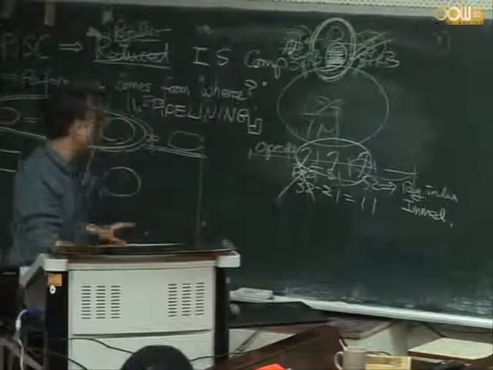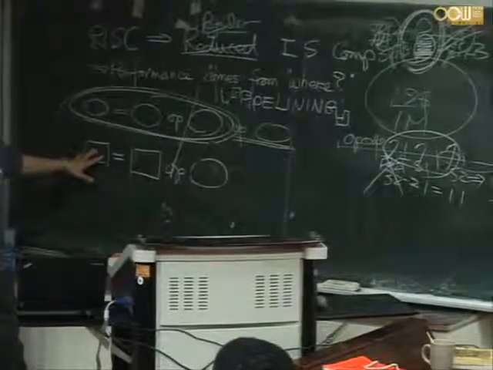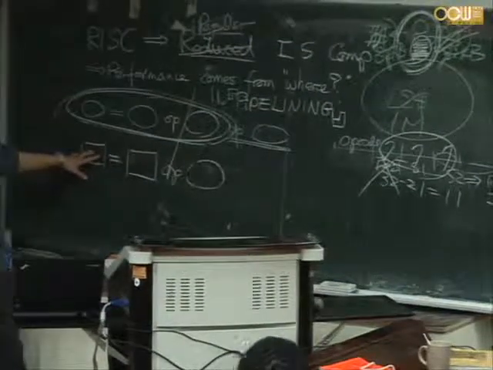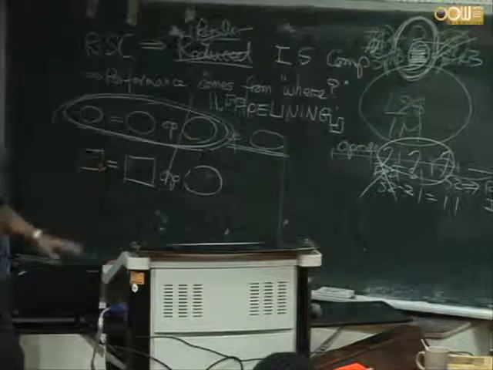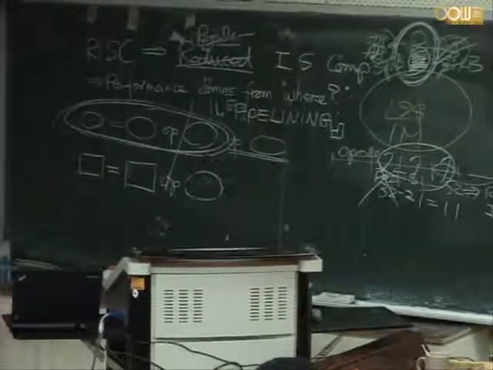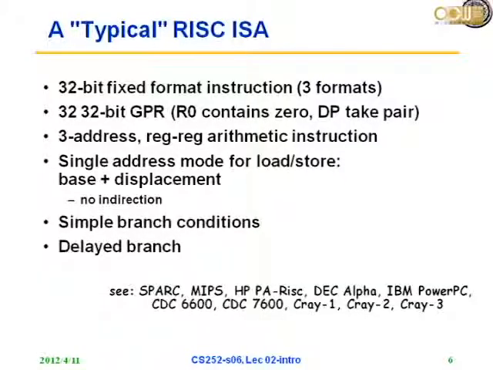So all the sources plus the destination will have to be registers, or will have to be within the CPU, cannot be memory locations. And this is the restriction for arithmetic or logic type instructions, or large ALU type instructions.